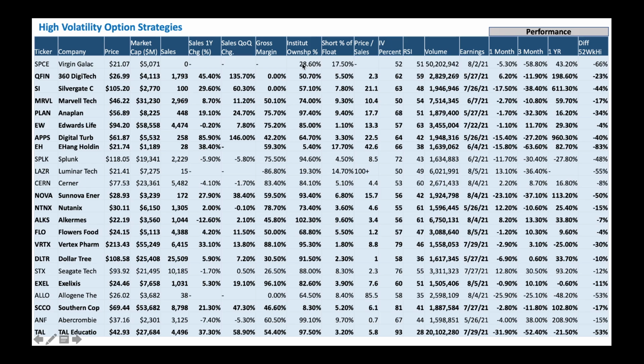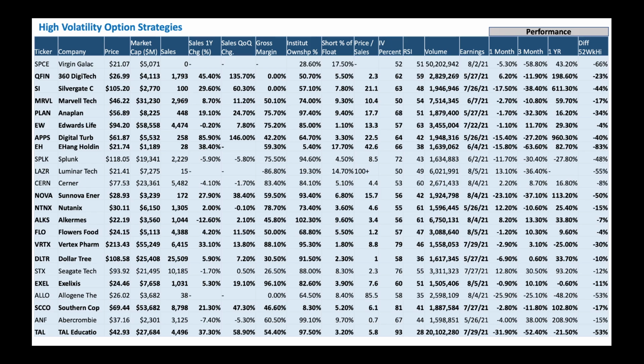For example, Virgin Galactic is 66% off from its 52-week high. So that tells you the stock has got more room to run. And by looking at 3 month and 1 month, you can see there is some improvement in 1 month. Also by looking at the chart, you can get a little more precise and see what the right strategy is.